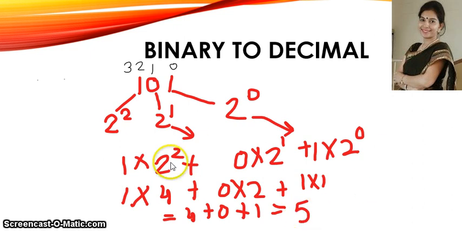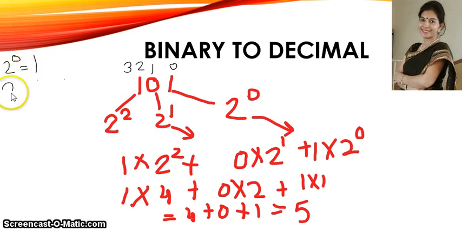So students, I wanted to tell you one thing about the raised to the powers. Maybe if anyone is a little doubtful, I'm explaining it here. Any number raised to the power 0 is equal to 1.